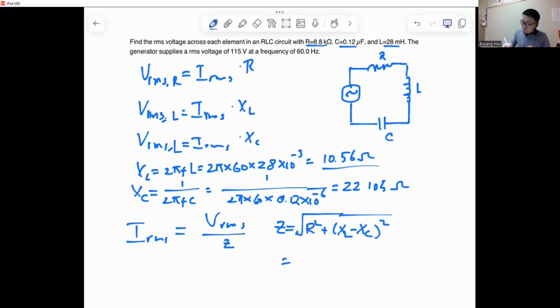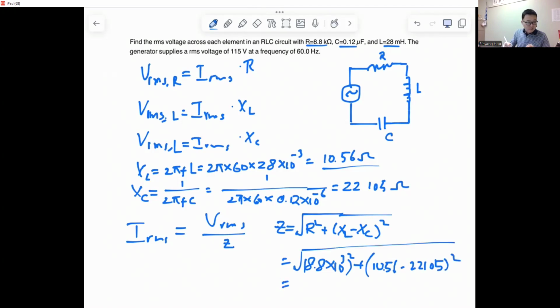We now have all of those three, so you can plug in the numbers: 8.8 kilo, so 10 to the third, squared, plus (XL, 10.56, minus 22,105) squared. This gives us 23,782 ohms. That's the total Z. Now we can calculate our IRMS: 115 volts divided by the Z, 23,782 ohms.